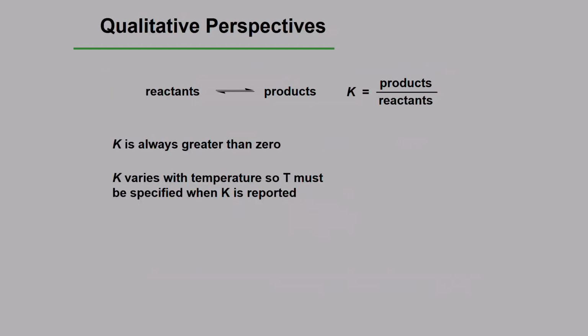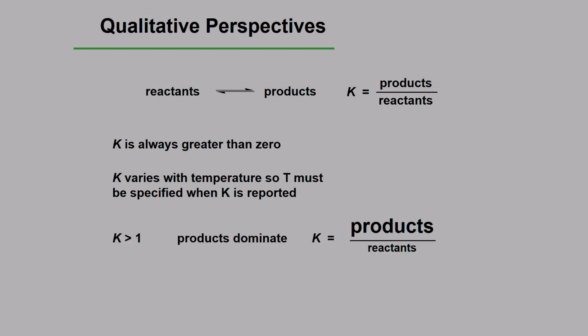If we think about what the equilibrium constant represents, and we think about any reaction as being a transition from reactants to products, then our equilibrium constant is really just this ratio of our products to our reactants. So this means that our equilibrium constant is always greater than 0 because it is a ratio of our reaction rate constants forward and backwards. It is a constant at a particular temperature.